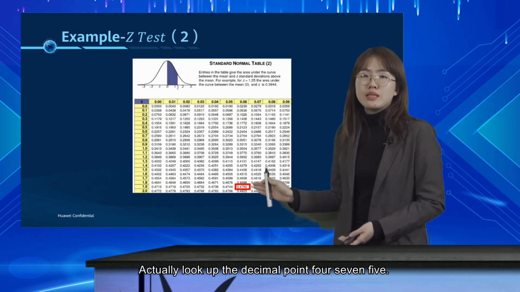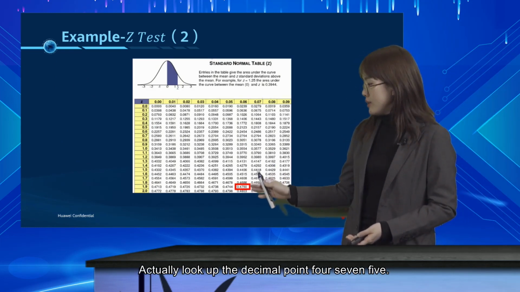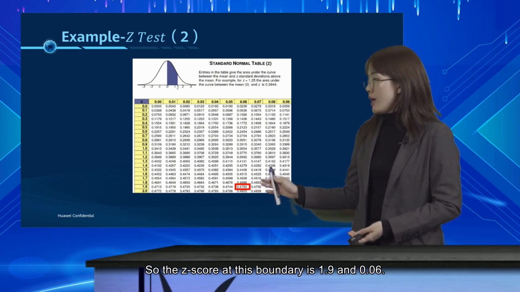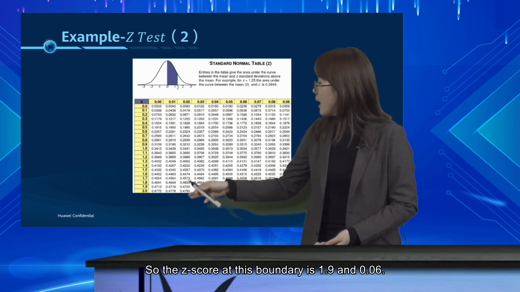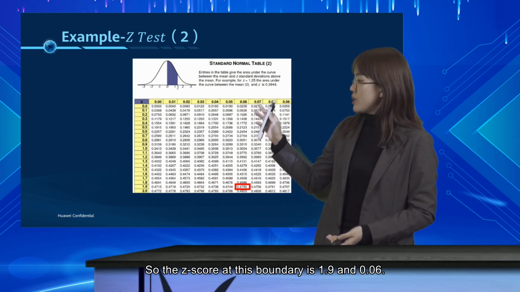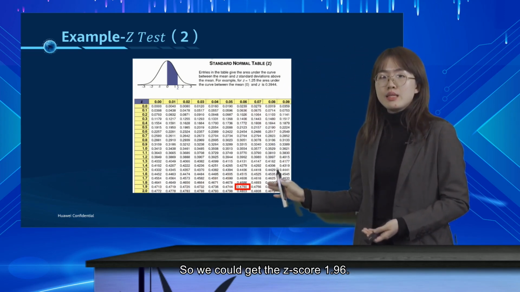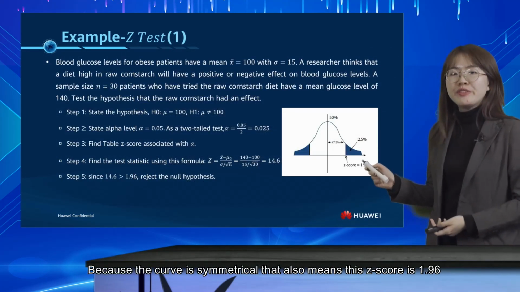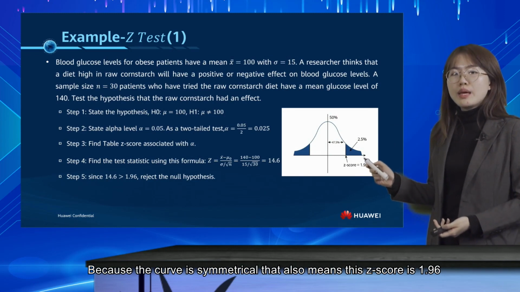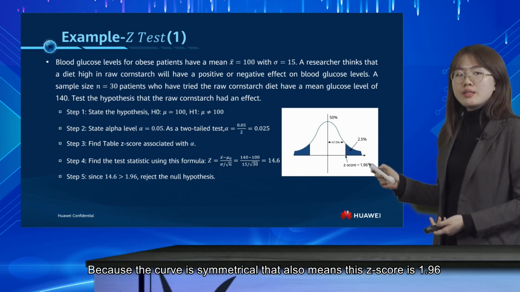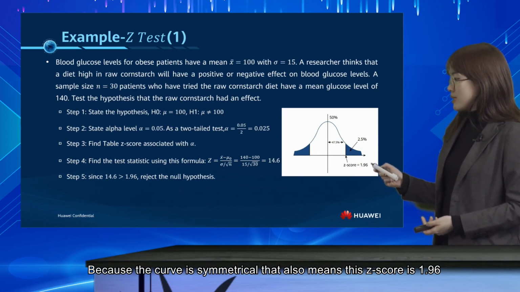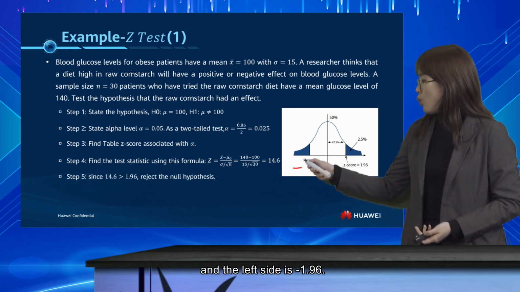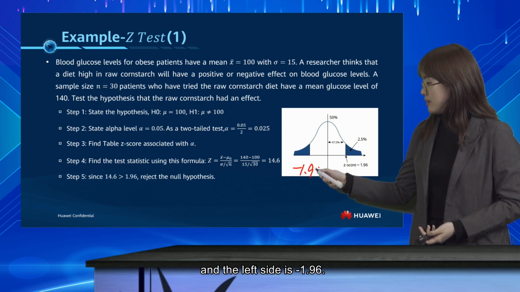Actually, look up the decimal point 475. So the z-score at this boundary is 1.9 and 0.06. So we can get the z-score is 1.96. Because the curve is symmetrical, that also means the z-score on the left side is negative 1.96.